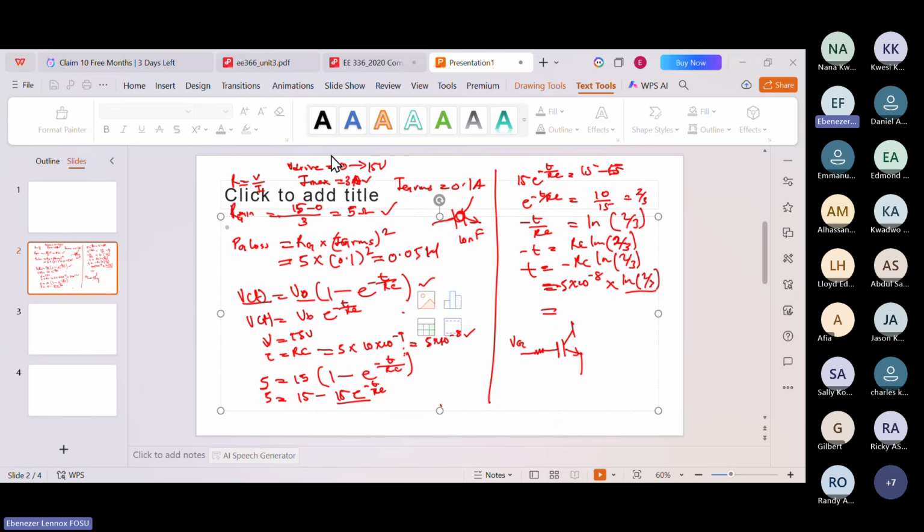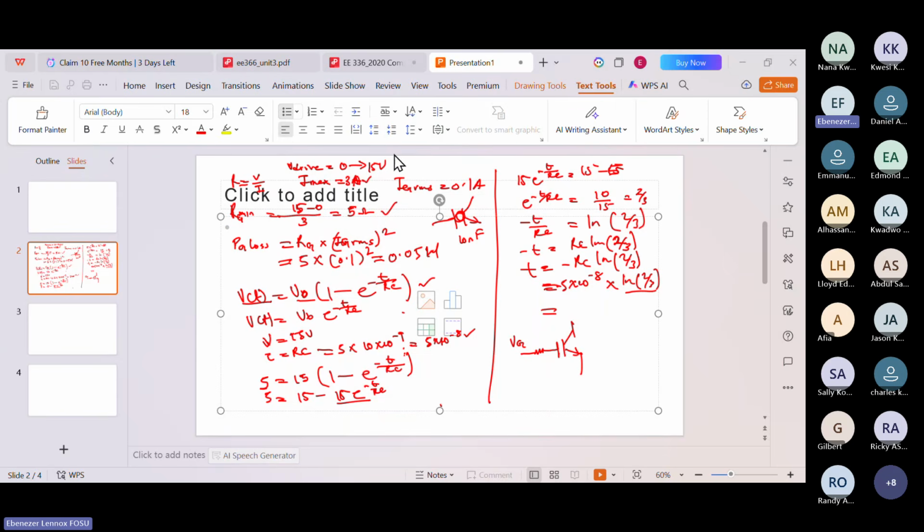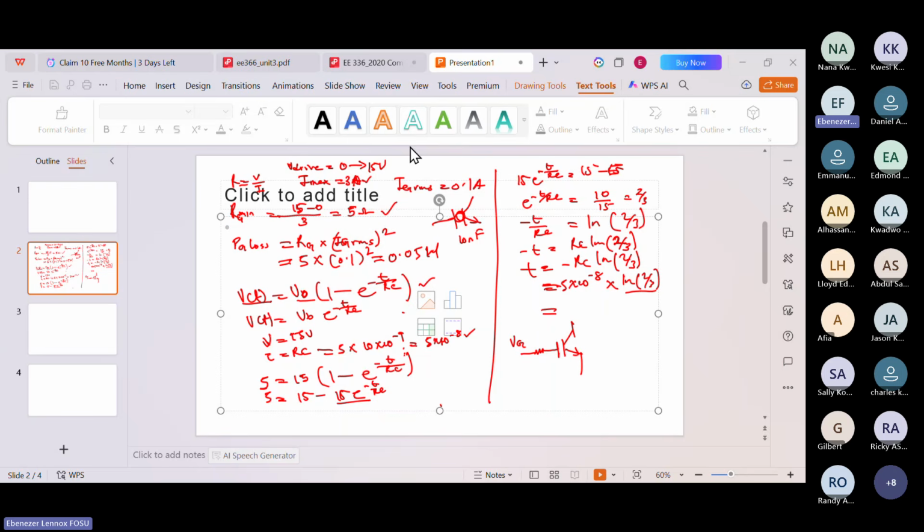From the waveform, the minimum is 3 amps, sorry, and the maximum is 7. So we divide this by 2 and multiply by 0.3. You have 10 divided by 2 times 0.3. This gives us 1.5 amps. So this is IQ average. Please, is it clear?